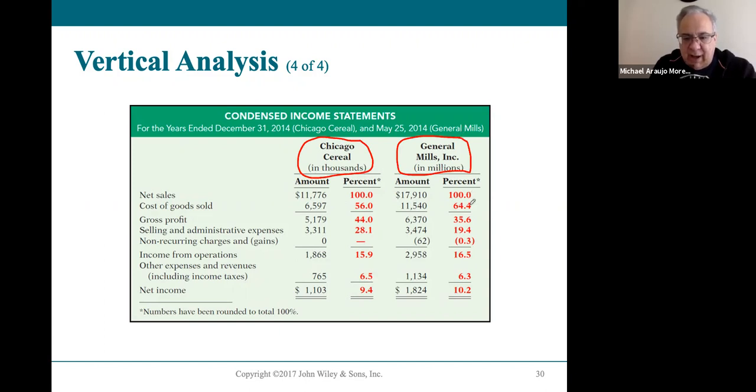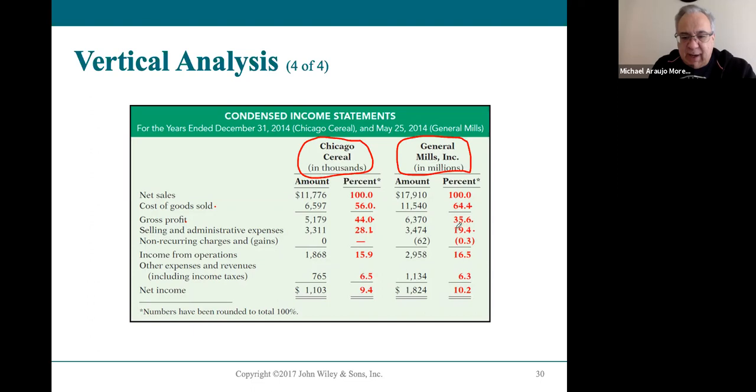So here you have General Mills has a higher percentage of its revenue covering cost of goods sold. They have a lower gross profit margin than Chicago Cereal. Okay. However, they're able to squeak out, right? Their operations are more efficient.